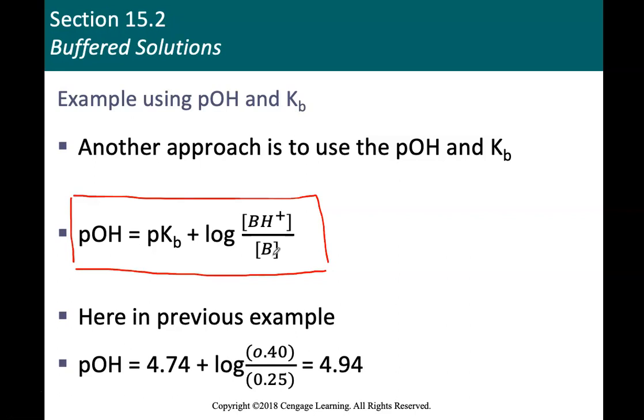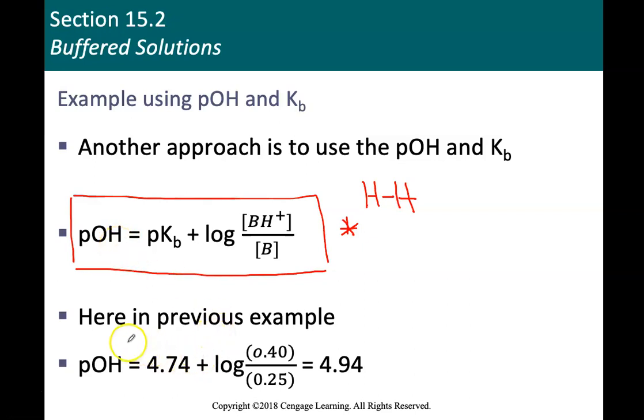So basically it's the reverse of what we've already discussed for the pH relationship. So notice that you can also use this equation. This is still the same Henderson-Hasselbalch equation, but written in the pOH format.